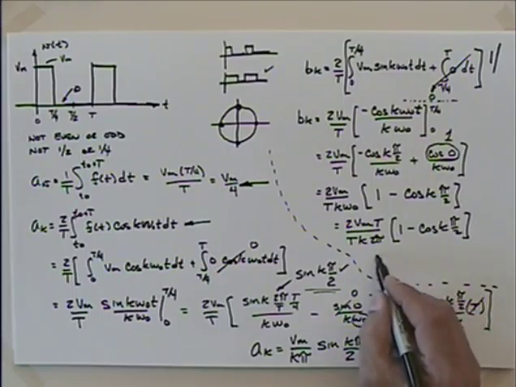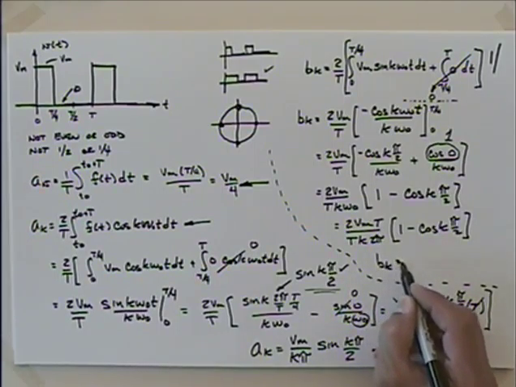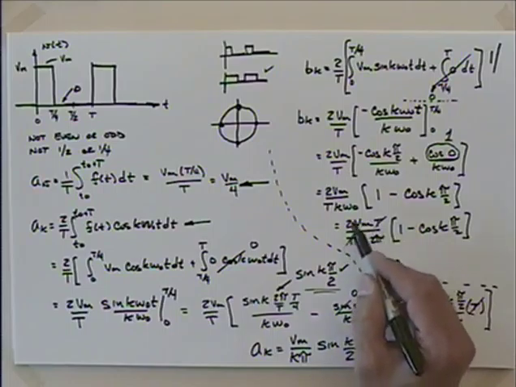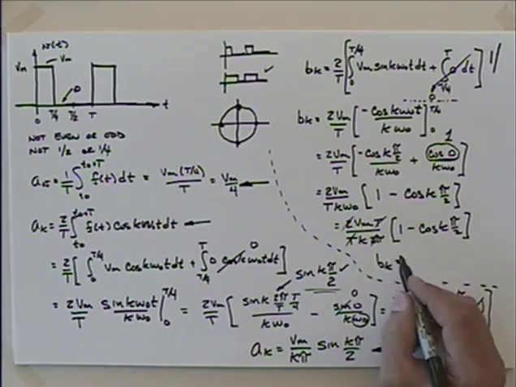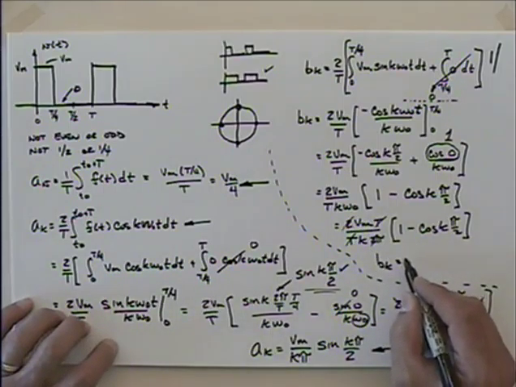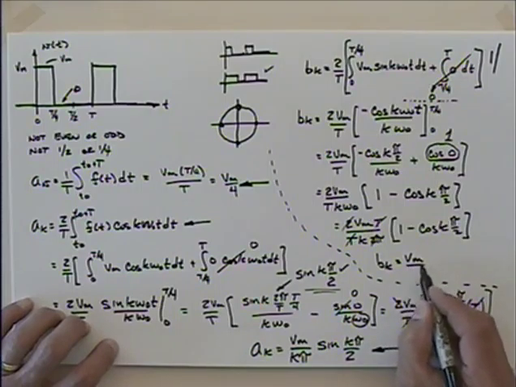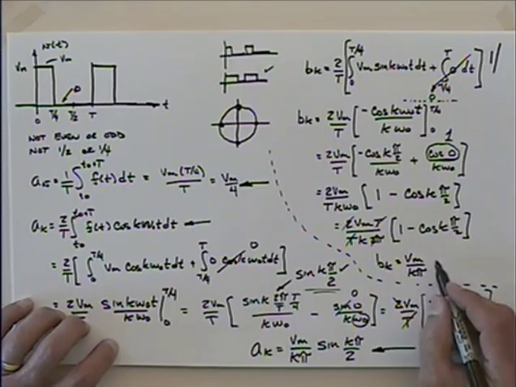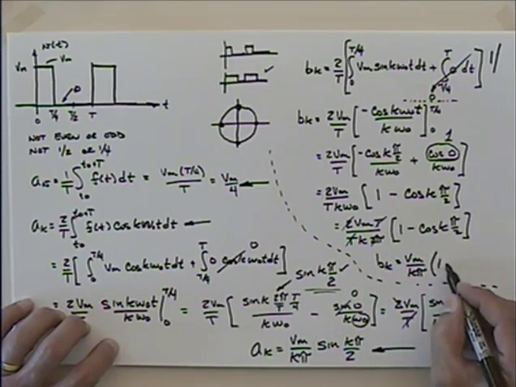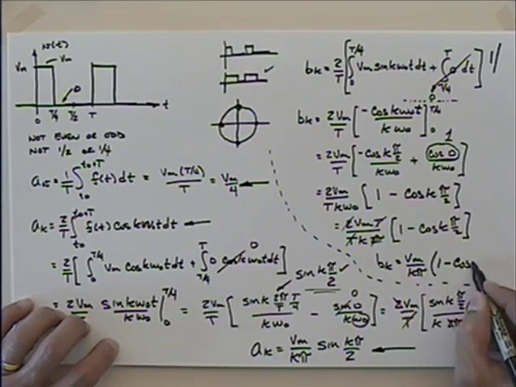So I could say finally that b sub k was equal to, I get to cancel that and that and that. So I have Vm divided by k pi, and instead of just having a sine term, I've got this combination 1 minus cosine k pi over 2.